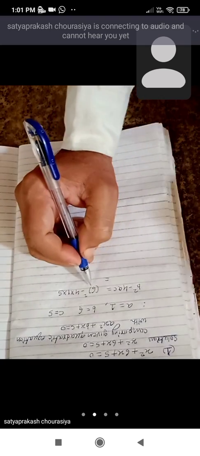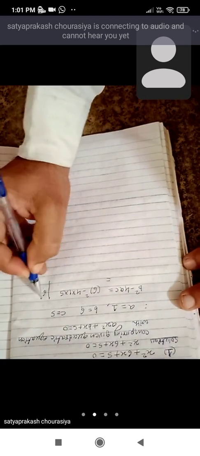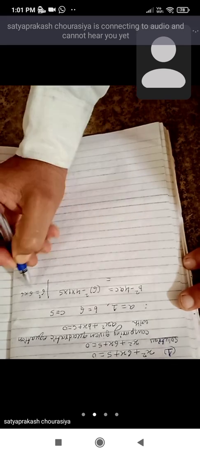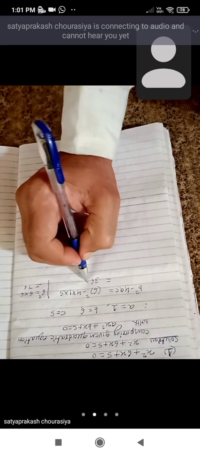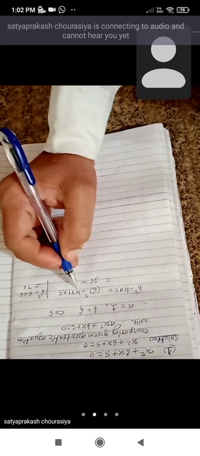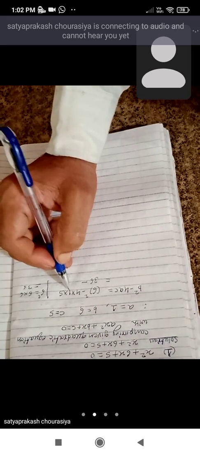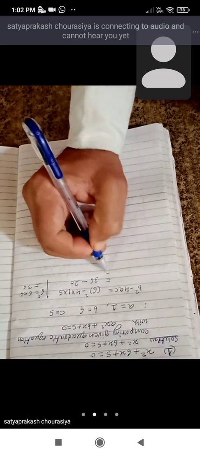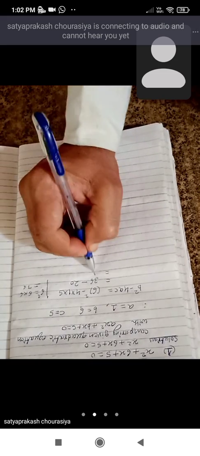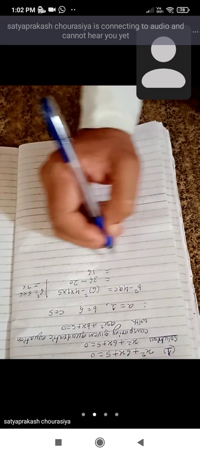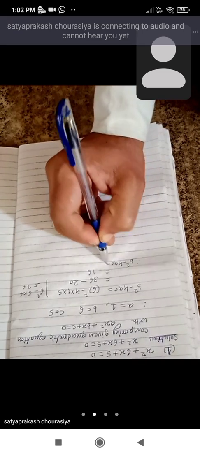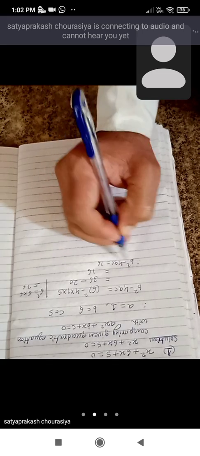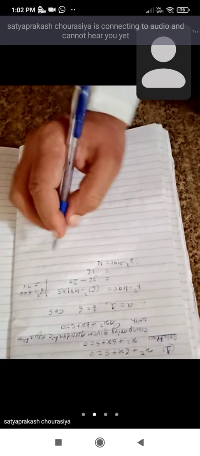Now here you have to square it. 6 to the power 2 means square of 6, so 6 6s are 36. So here you will get 36 minus 4 into 1 into 5: 4 5s are 20, so 36 minus 20 is equal to 16. So therefore b square minus 4ac is equal to 16. We got this value for b square minus 4ac.